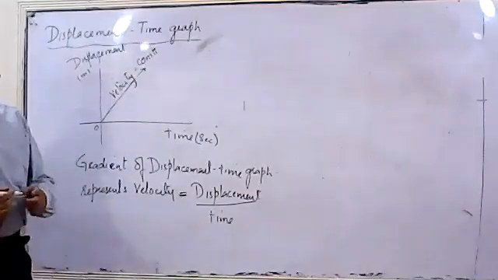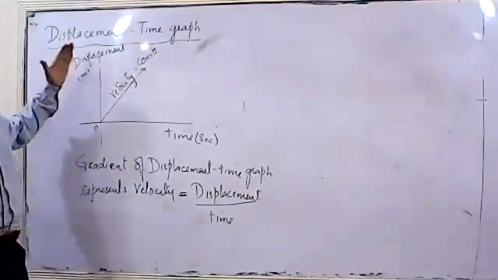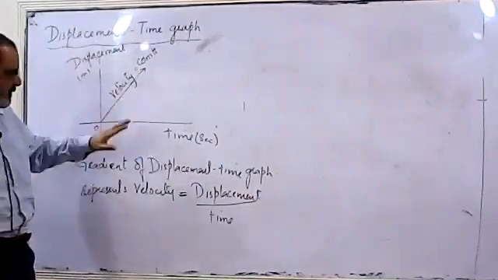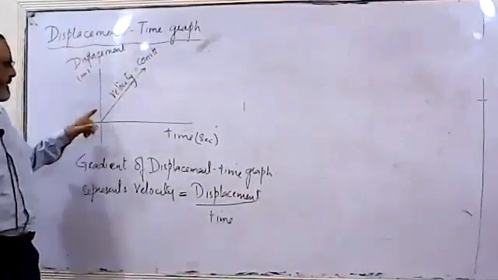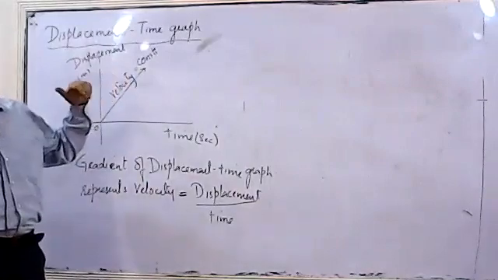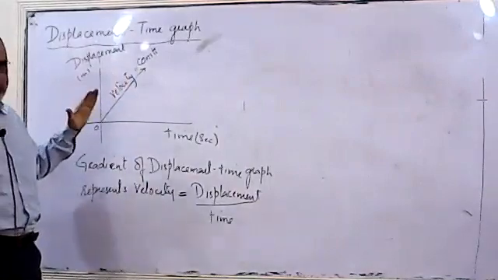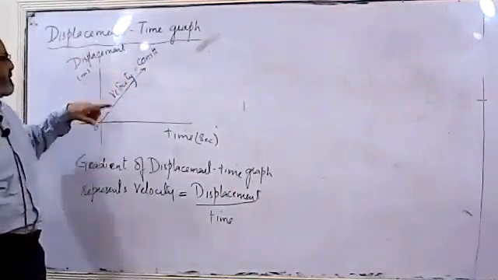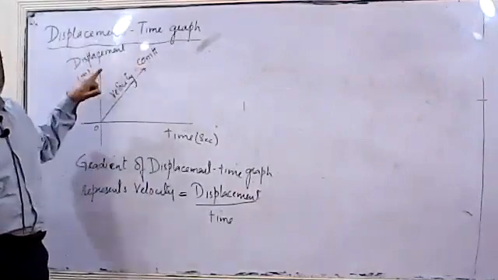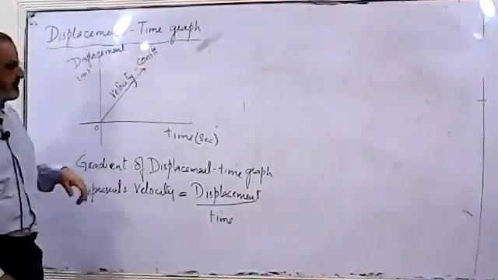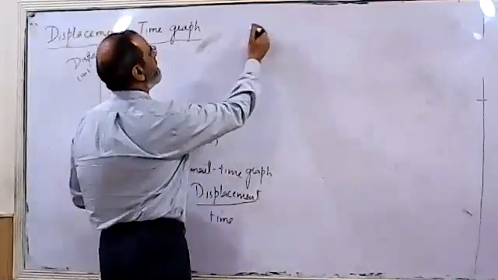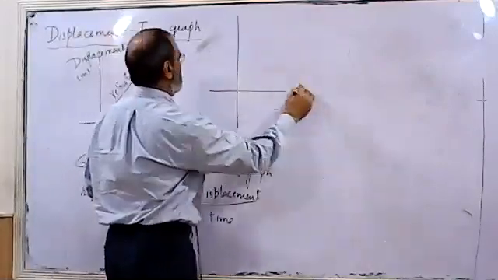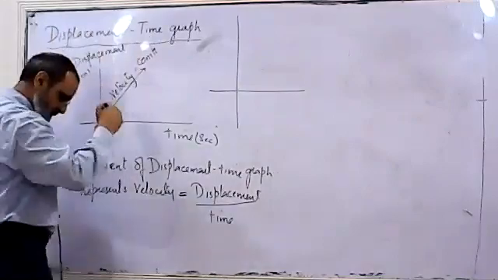So first of all, because the gradient of displacement in time represents velocity, it is velocity. Second thing, we have to consider whether it is a curve or a straight line. If it is a straight line, it represents a constant velocity. It is our first case.